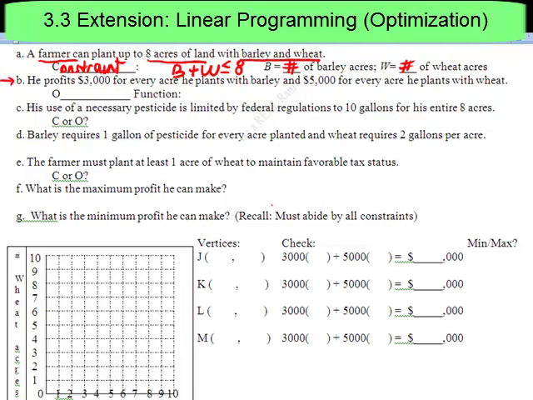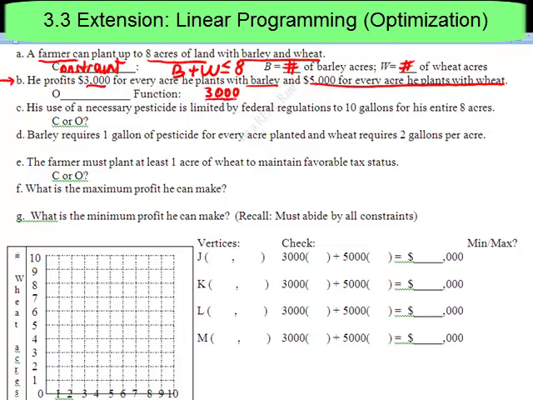The second item. He profits $3,000 for every acre he plants with barley, and $5,000 for every acre he plants with wheat. So this comes back to one of the first things we talked about, which was how many you have times the value of each. So he gets $3,000 for every what acre? Barley acre. Let's go back. His profit's going to be $3,000 per acre of barley.